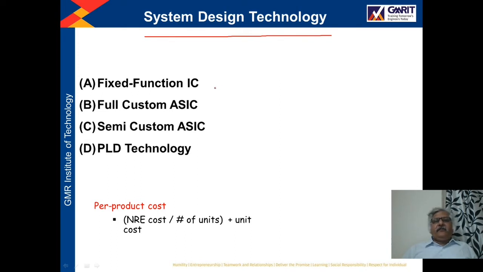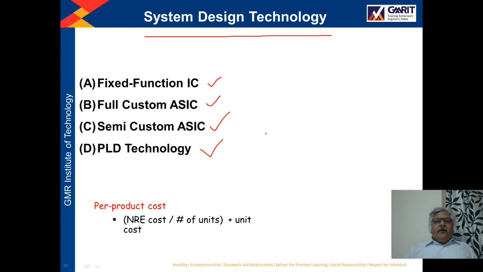And these design technologies are fixed function IC based design technology, full custom ASIC design technology, semi custom ASIC design technology, and PLD design technology. Out of these four, an engineer can select any one for the development of the product.